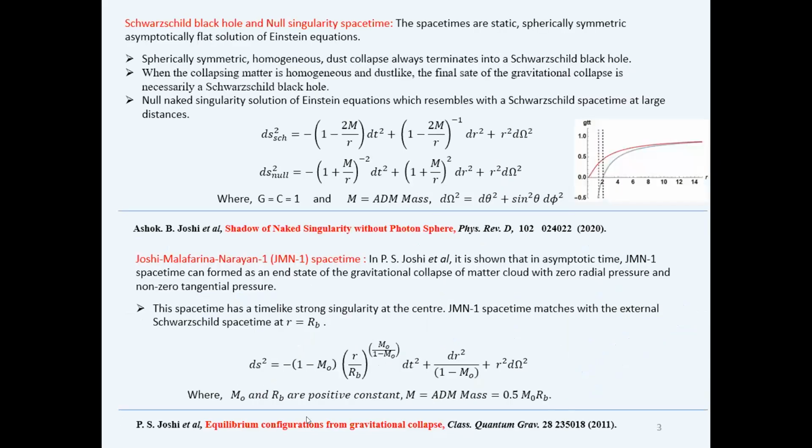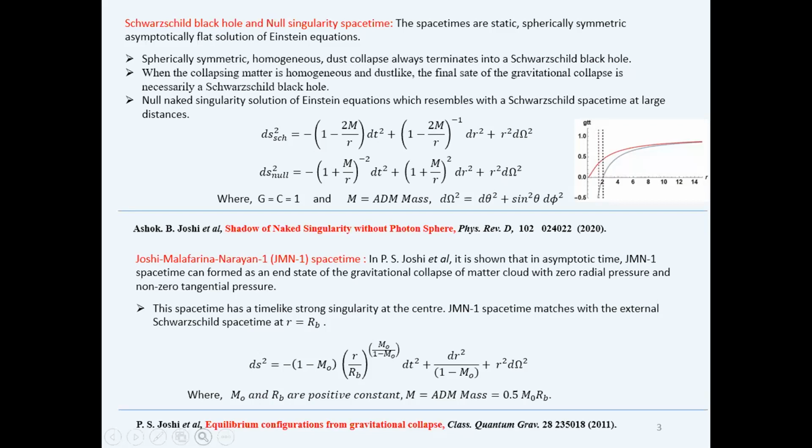And in the Joshi-Malafarina-Narayan spacetime, in this paper, equilibrium configurations from gravitational collapse, it is shown that in asymptotic time, the JMN spacetime can be formed as an end state of the gravitational collapse of a matter cloud with zero radial pressure and non-zero tangential pressure.